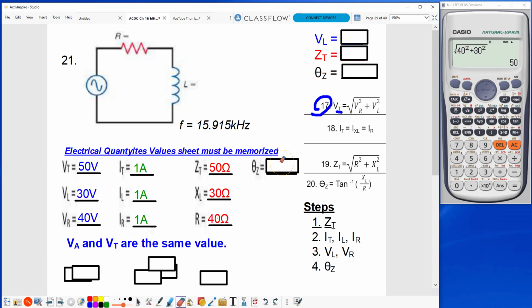All right, now that we've got all that done, the only thing left, we see our formula here for theta Z. That's the Greek letter theta right here.